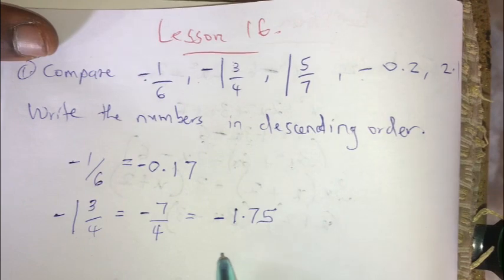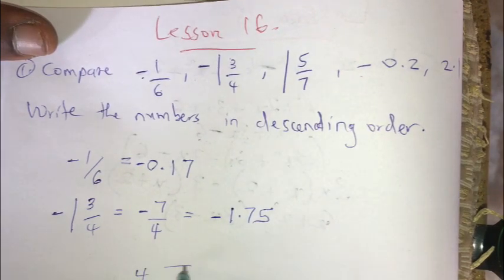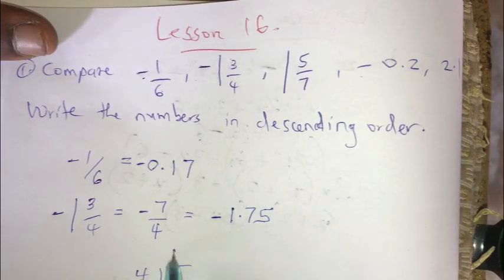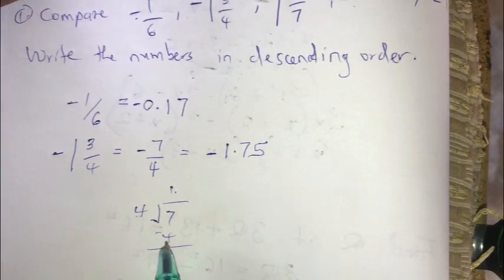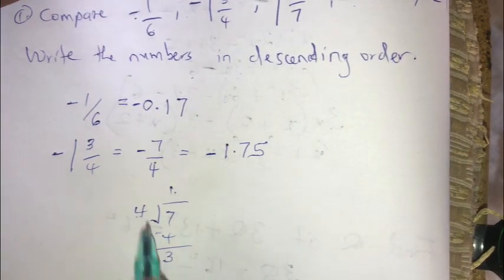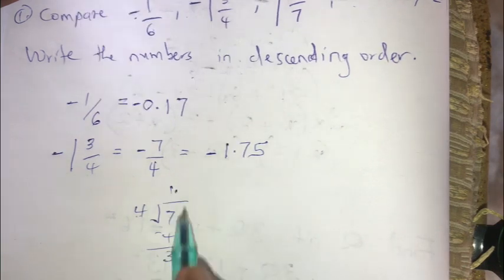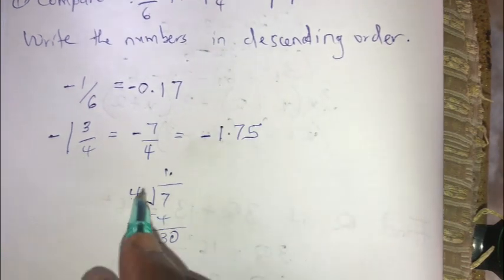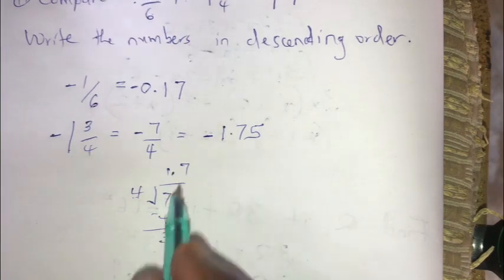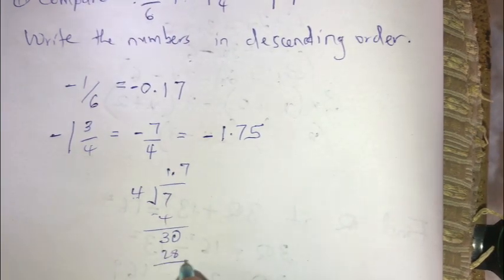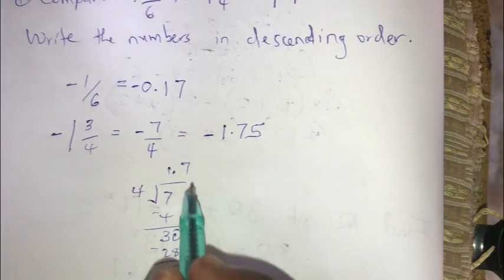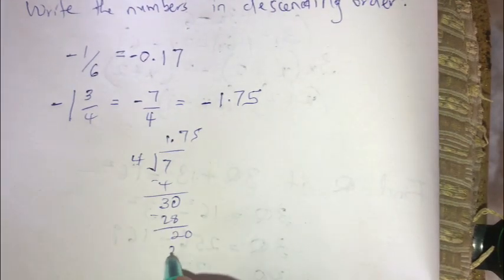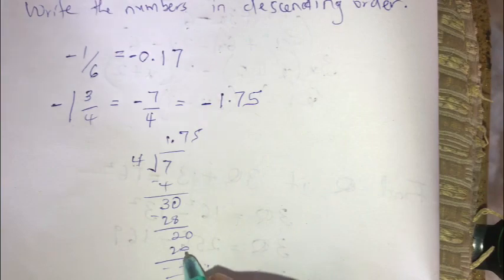Let's try it and see. 4 into 7, 1, 4 times 1 is 4, subtract, then 7 minus 4 is 3. This cannot go into this, right? So we bring the point and introduce a 0 here. Then 4 into 30, 7 times 4 is 28. We subtract to get 2. Add 0, 4 into 20, 5 times 4 is 20. So I'm correct, right?